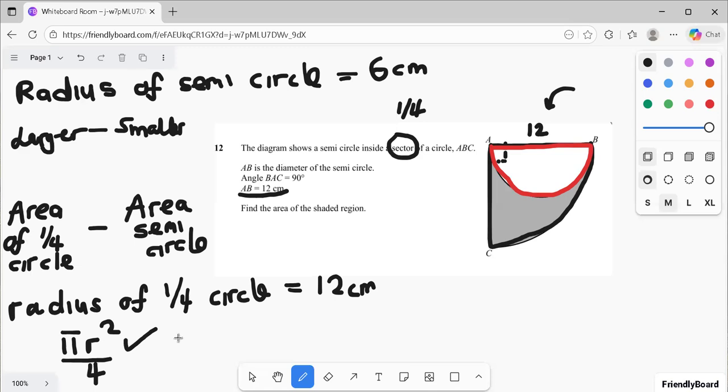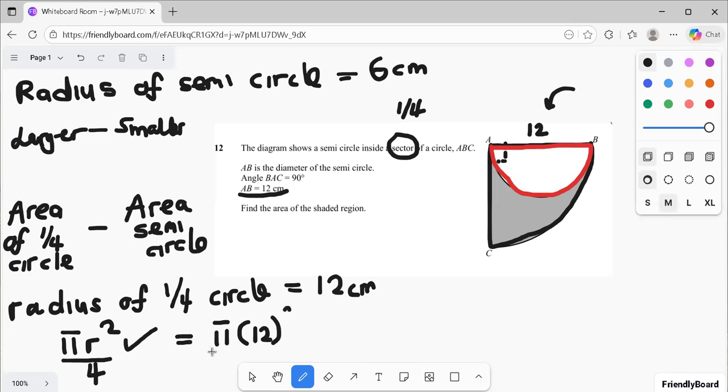If I substitute the values into this formula, it's going to be pi. What is the radius? The radius of the quarter circle there is 12, okay? So I'm going to put 12 squared right there.